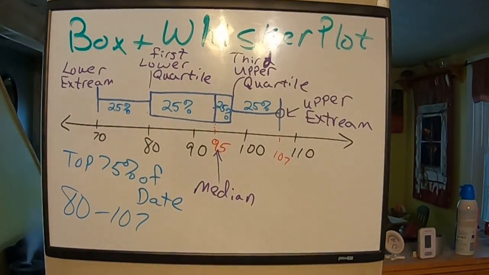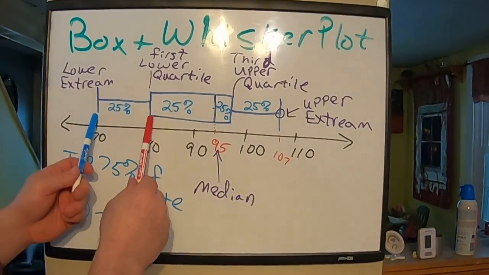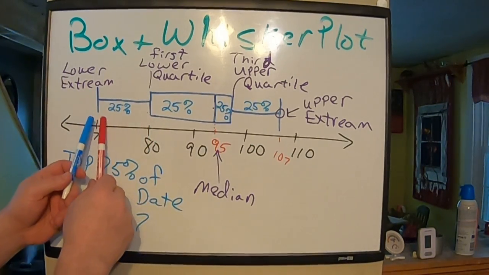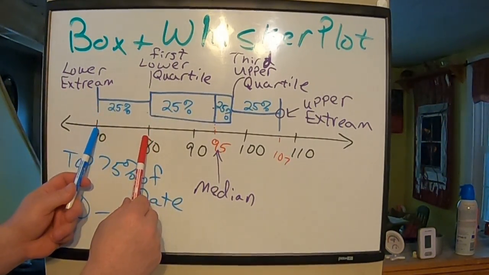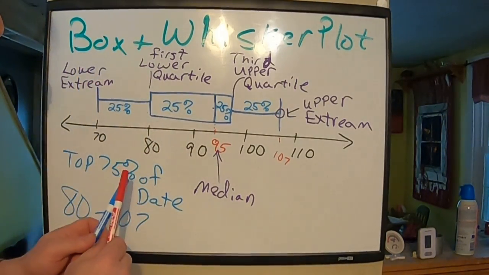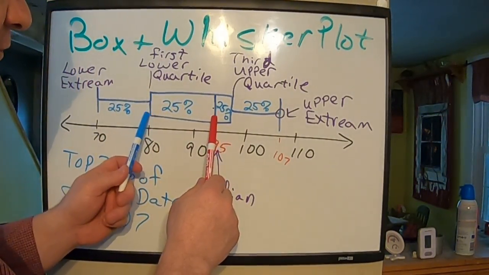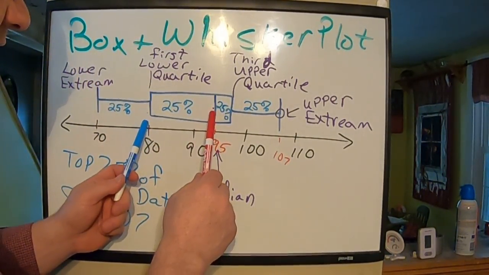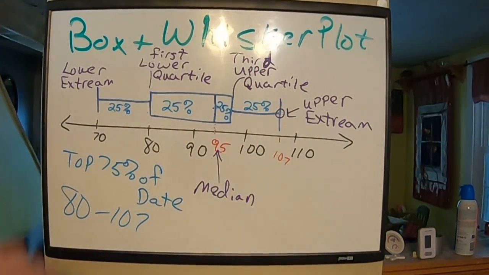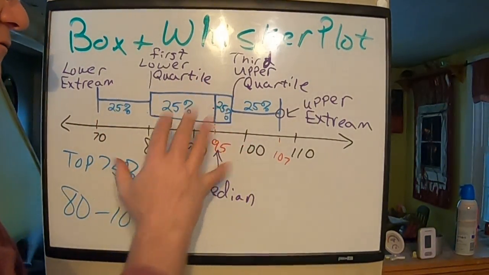One of the things to notice here is that the amount of data in here is 25%, and that's 10 values, between 70 and 80. This is further spread out between 80 and 95, so it's the same number of data values, but spread out further.